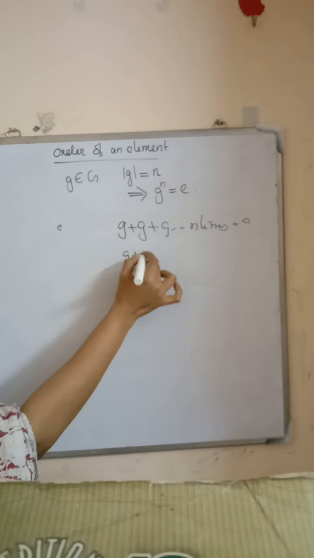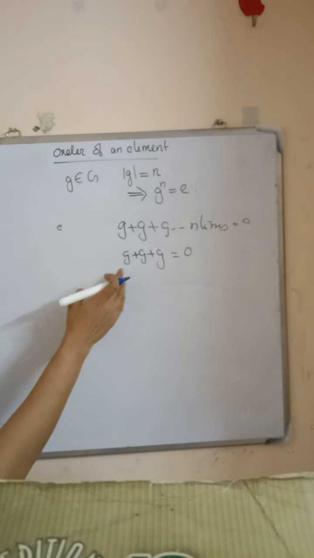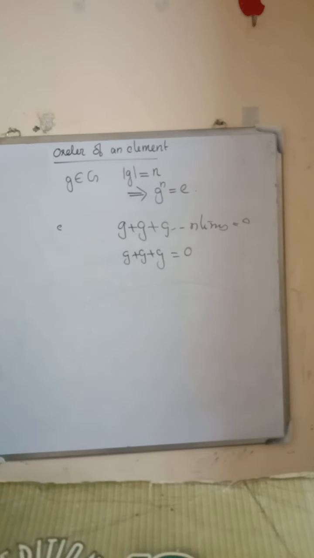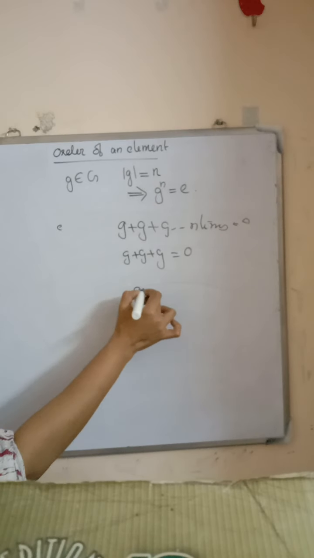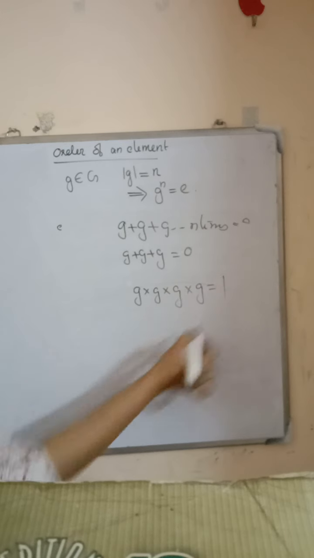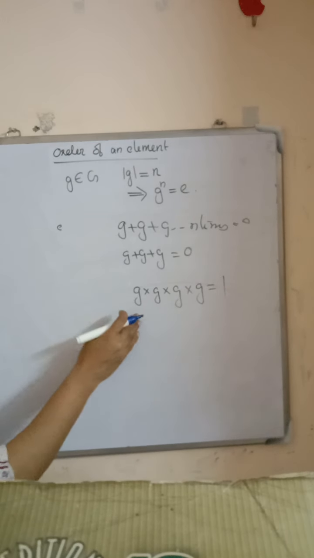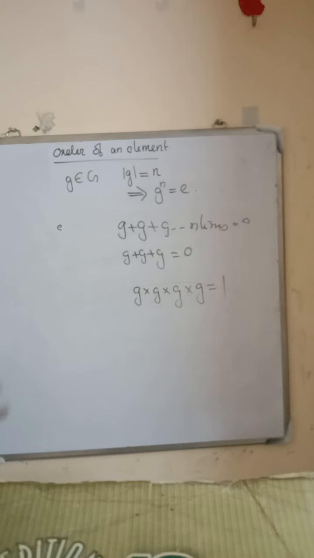If we add g 3 times, we get the additive identity 0. Then the order of g is 3. If the operation is multiplication, then multiply g 4 times, we get the multiplicative identity 1. Then in this group, g has order 4.